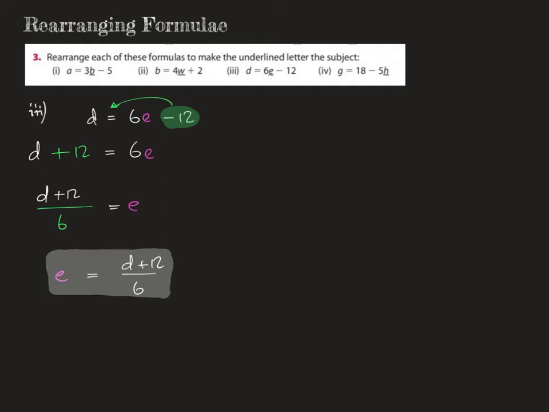I could have written that E is equal to D over 6 plus 12 over 6, and that can be simplified to E is equal to D over 6 plus 2. Okay, so just so you're aware, I could have simplified that fraction further by breaking it up if you wanted to.